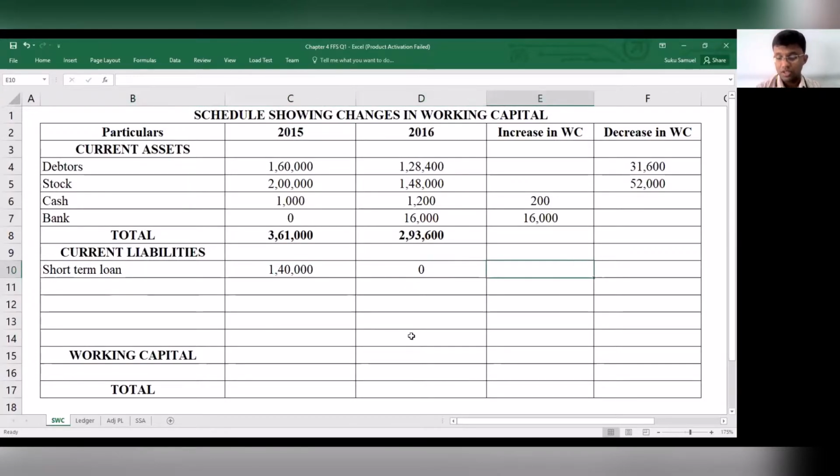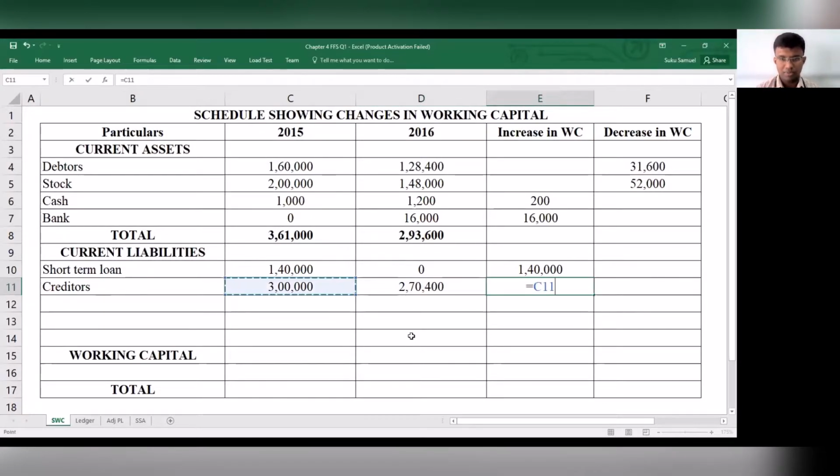What impact does it have? Your working capital will increase by 1,40,000. Next, you have creditors, which is 3 lakhs, and then 2,70,400. What impact does this have? There is an increase in working capital.